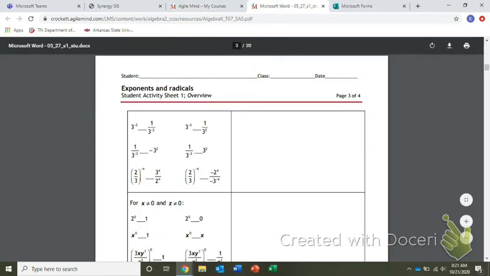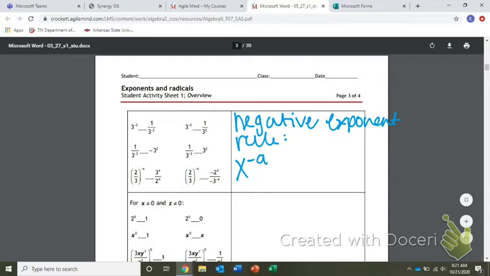So, this one is the negative exponent rule. And it has 3 different, I guess what you would call subrules. So, the first one, let's say I have a base with a negative exponent.